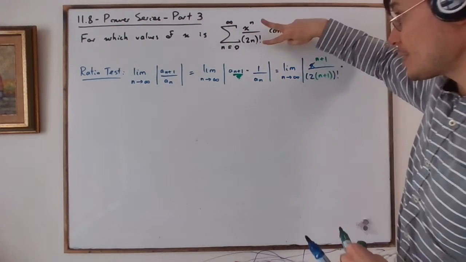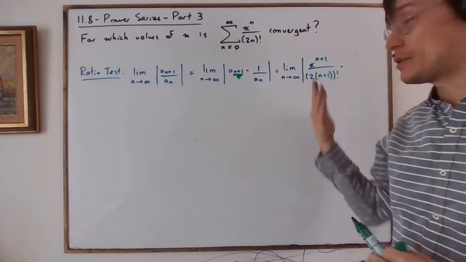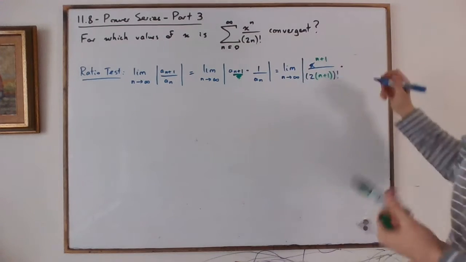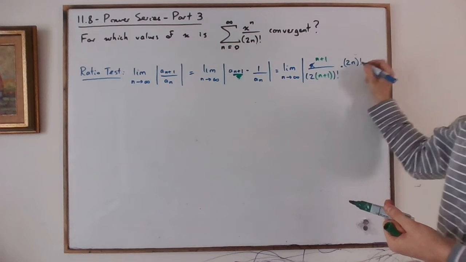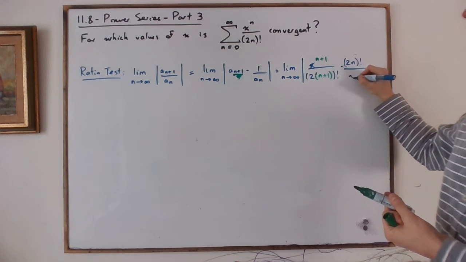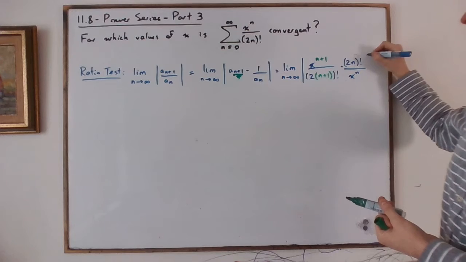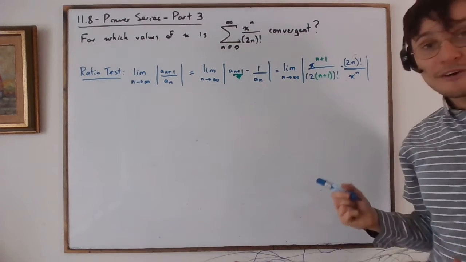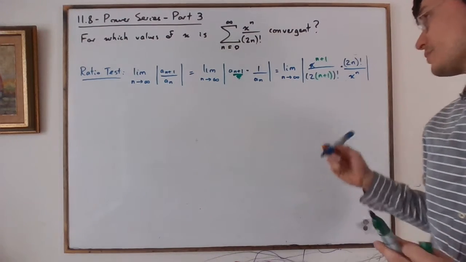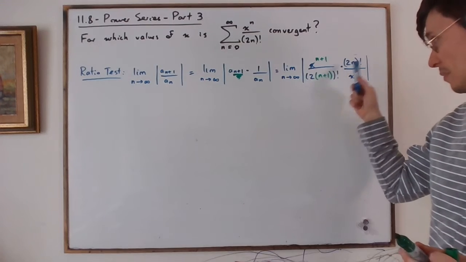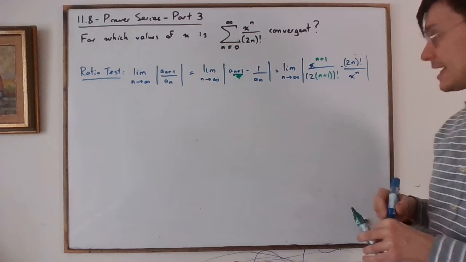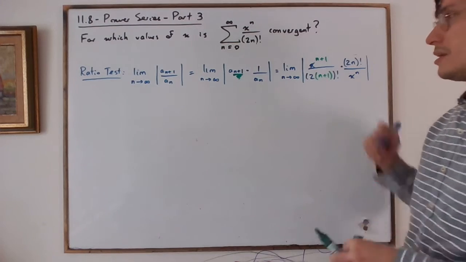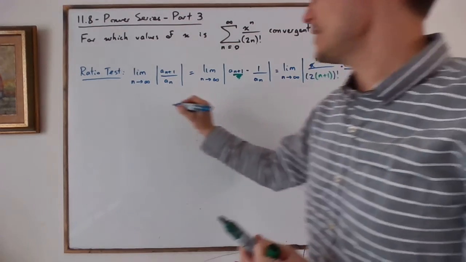This means that you're going to flip it and write the reciprocal: 2n factorial divided by x to the power of n. For now, I don't mind the absolute values, but I already know that these two are positive numbers. We could take them out of the absolute values.